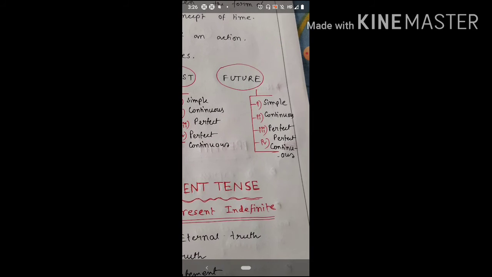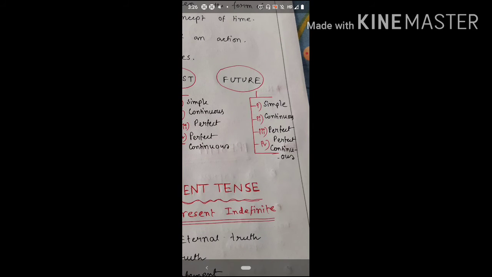And the last one is the future tense. The future tense is also subdivided into four categories, that is simple future, future continuous, future perfect, future perfect continuous.